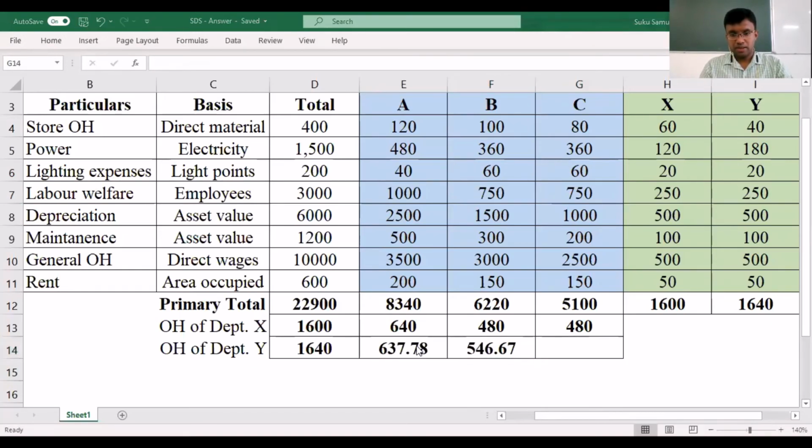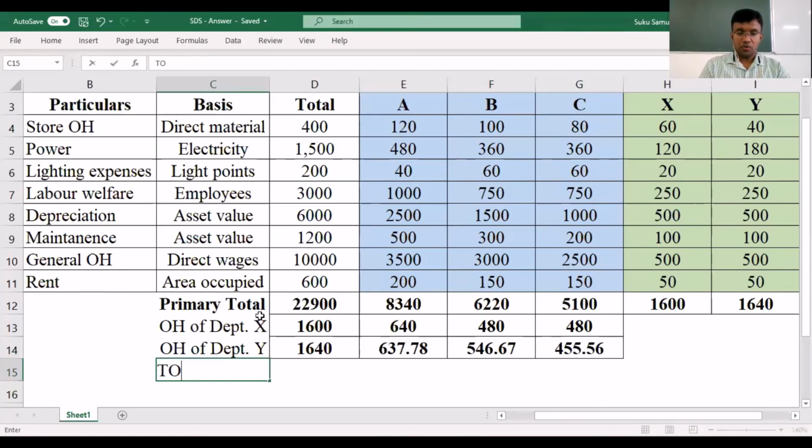Next one would be 5 divided by 18 into 1,640, so this will be 455.56. If you sum up all of these together, it will be 1,640. So with that, we have redistributed the service department's overhead as well.